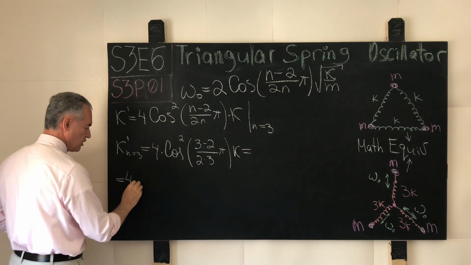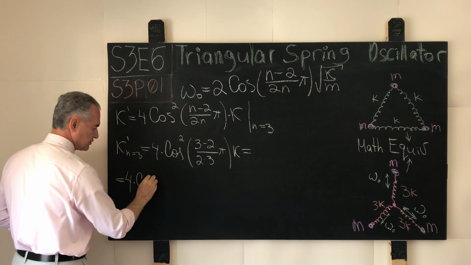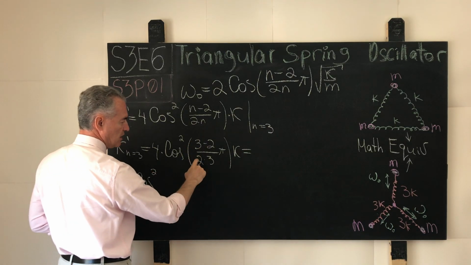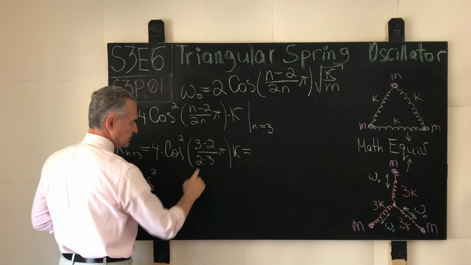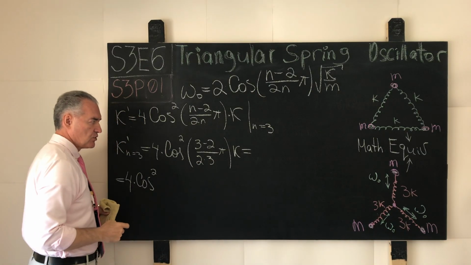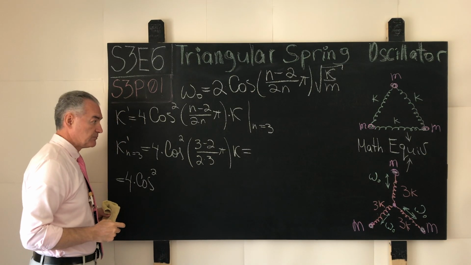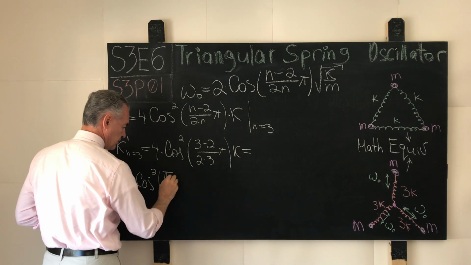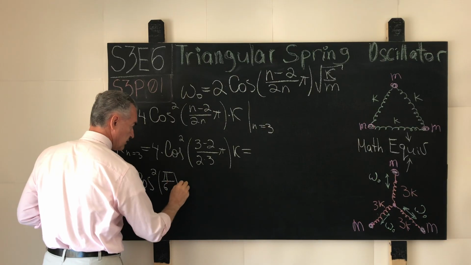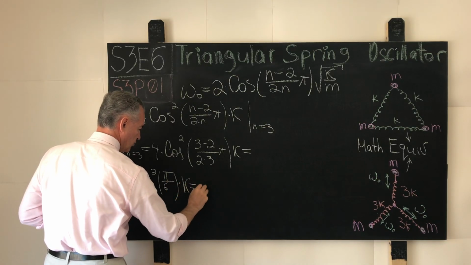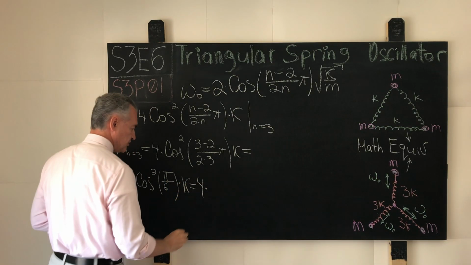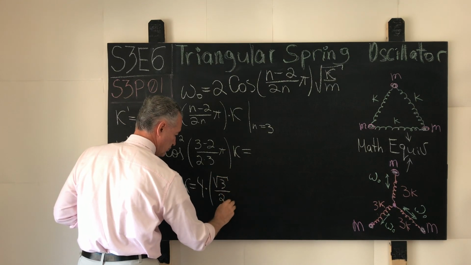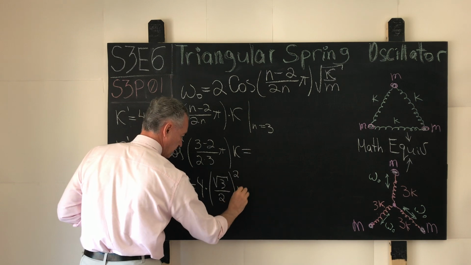That is 4 times the cosine squared of, let's do this, 3 minus 2 is 1, 1 over 2 times 3 is 6, pi over 6. Cosine squared of pi over 6, times k. It will be 4 times, let's write it this way, square root of 3 over 2, squared, times k.